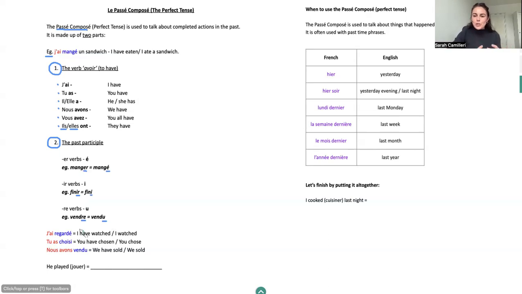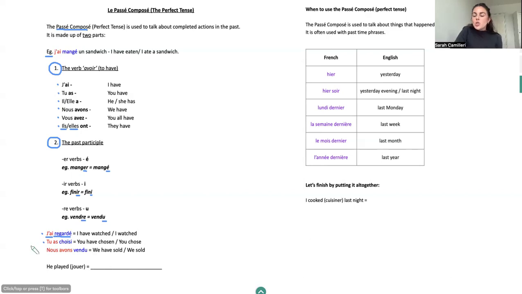Now, I want to put those two parts of this verb together so you get a better understanding of how it's formed. J'ai regardé here means I have watched or I watched. I've highlighted the two parts of the verb for better understanding. So part one, the correct form of avoir, and part two, the past participle.